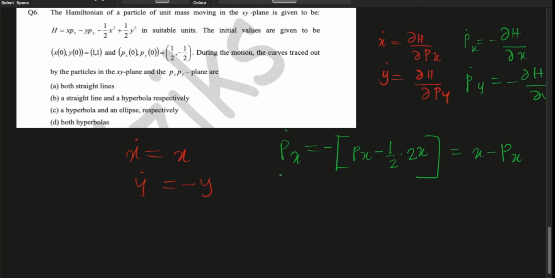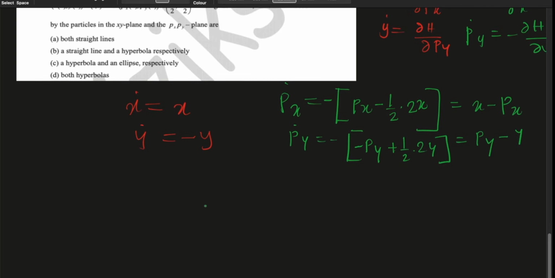And py dot equal to minus py plus half into 2y, and this will end up giving us the result py minus y. All right, so this is basically four differential equations we can see.